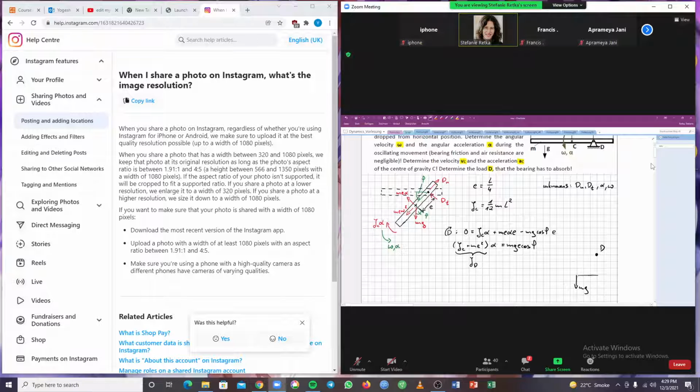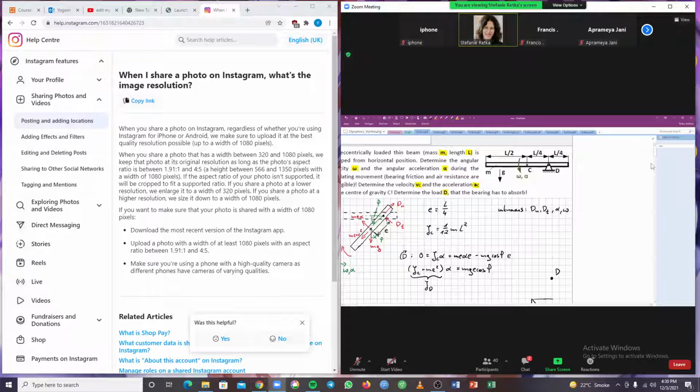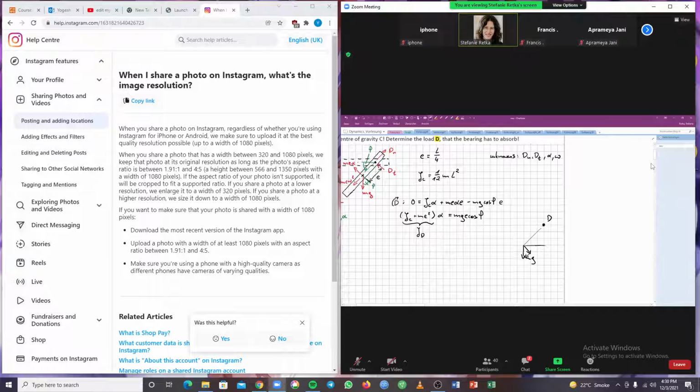And if we decompose the vector like this, then this would be the lever arm, distance E, and this is mg cosine phi. The lever arm always has to be perpendicular to the force vector.